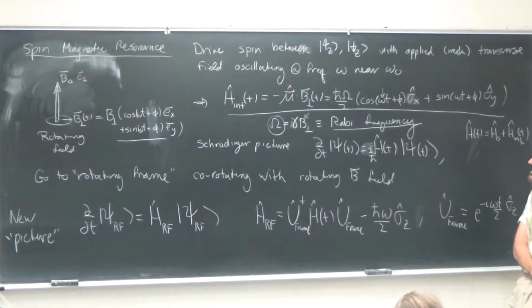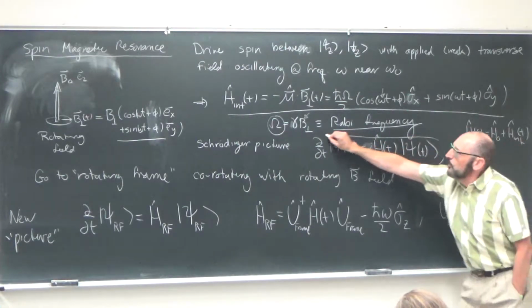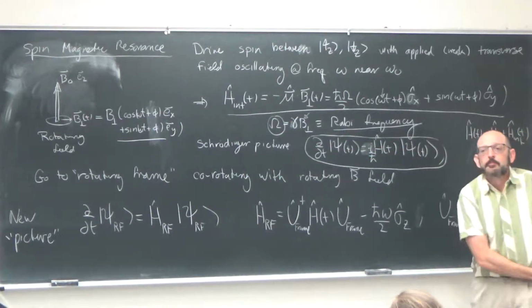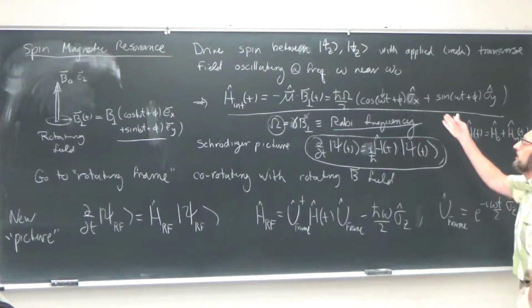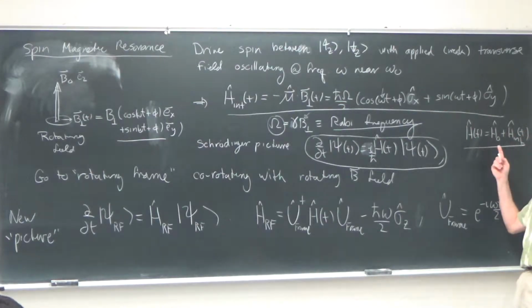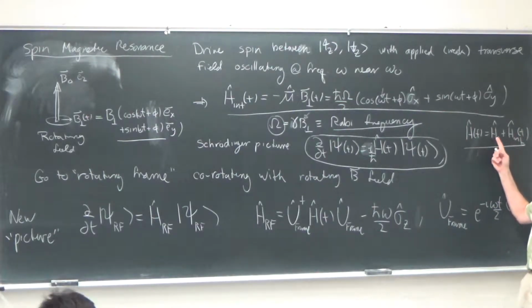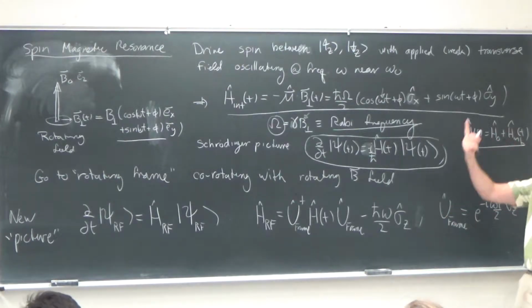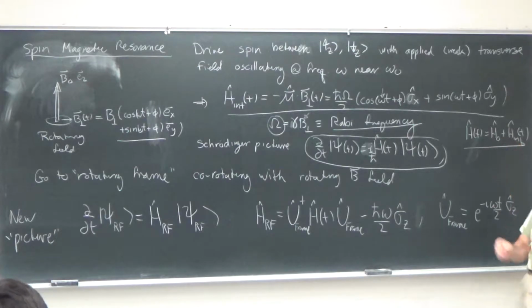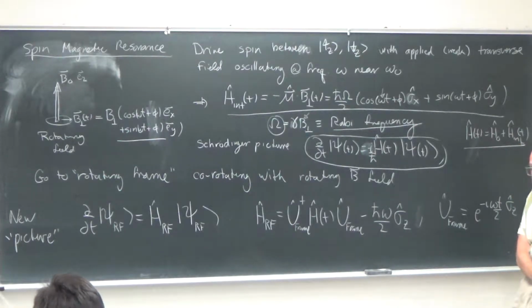So our goal now is to solve the Schrödinger equation in this problem, okay? And that is to say we want to find the time evolution of the quantum state in this Hamiltonian, that is a combination of the Hamiltonian associated with the bias field, the static B naught, and the applied transverse field.